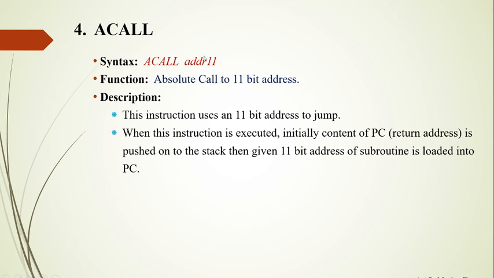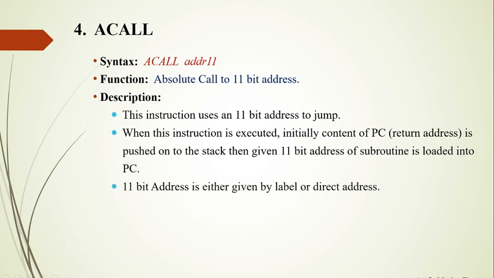Before holding that address, the program counter has to store the address already contained in it onto the stack. That's why the program counter first pushes the address of the instruction next to this ACALL instruction onto the stack, and then this 11-bit address is loaded into the program counter.